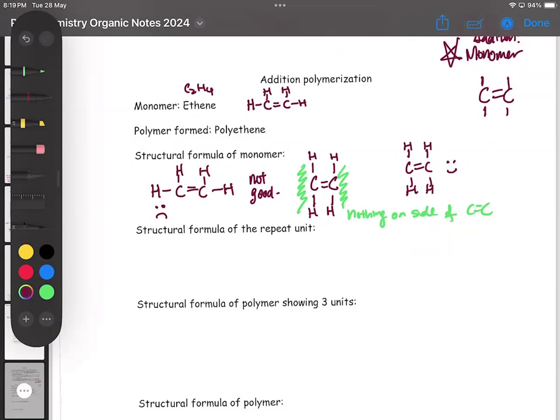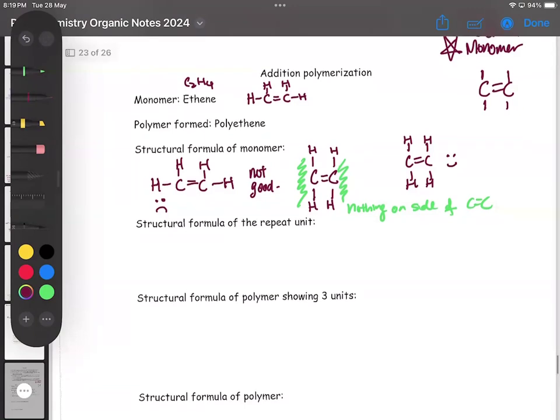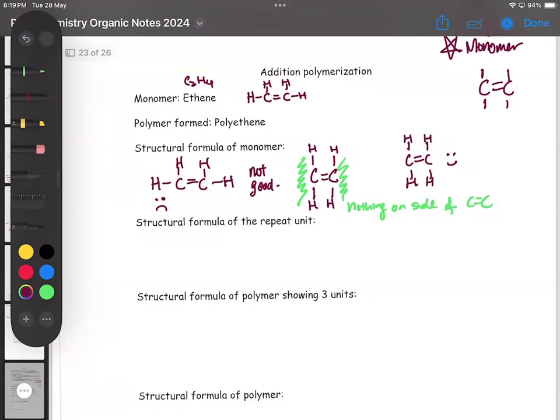So normally the question will ask for the formula of the polymer showing 2 units, showing 3 units, showing 4 units. You just follow the question. If the question says 3, then you draw 3, and so on. So in this case, I'm going to draw 3 units. I'll start with drawing the monomer first.